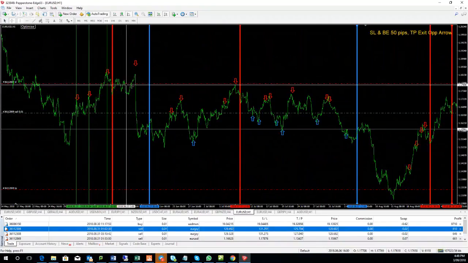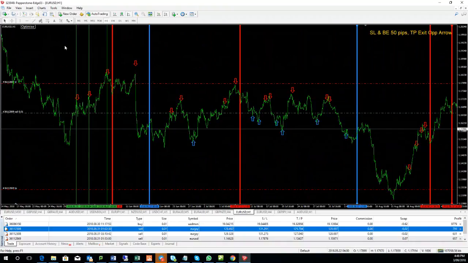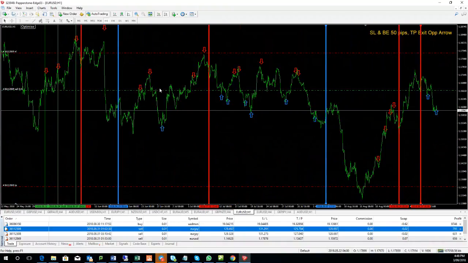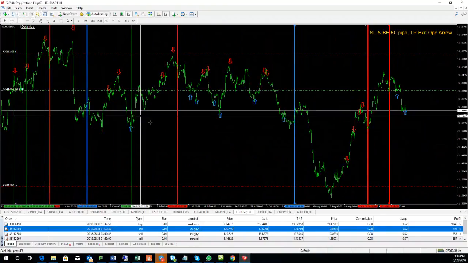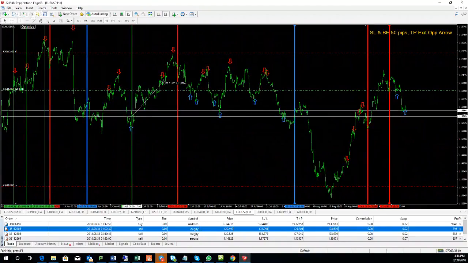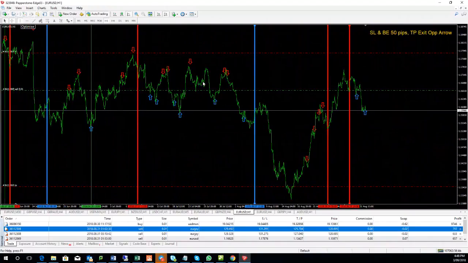So this would be a really good technique to discipline yourself into holding on to your trades. Always exit at the opposite arrow. We're in buy, so we're in longs here now. A lovely trade there. Exiting at 115 pips.